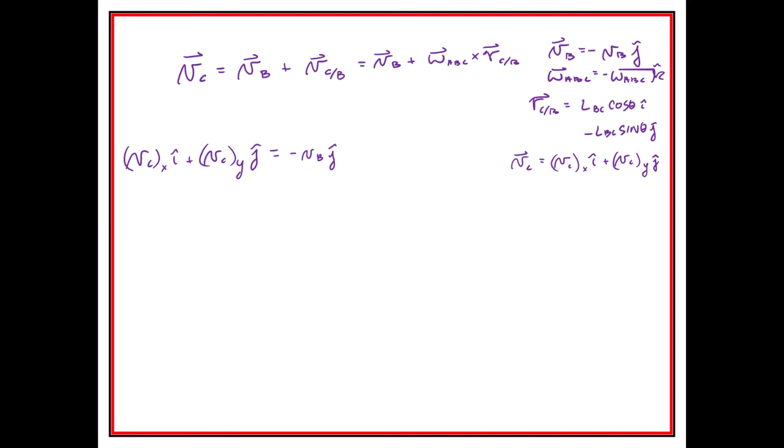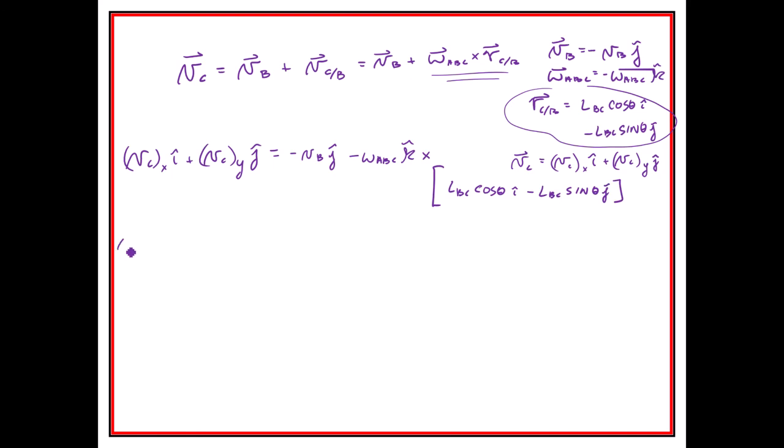and we know we need to distribute this thing right here. So that's going to be negative omega ABC K crossed with, in parentheses, this whole thing, L_BC cosine theta I minus L_BC sine theta J. Right, and then, really, do we have to do this?